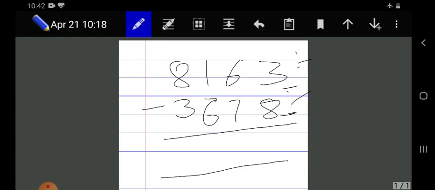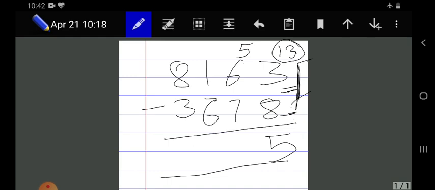No. For that, we will carry 1 from the 6. After carrying 1 from the 6, the 3 will become 13 and 6 will remain as 5. 13 minus 8 is 5.